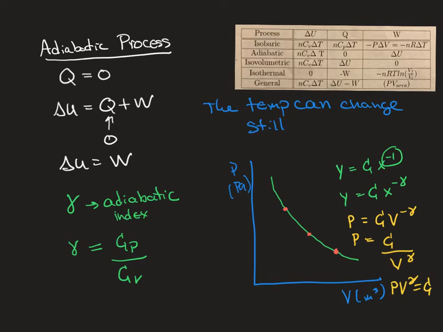And that allows me to set one state equal to another state. So I can say that pressure 1 times volume 1 raised to the adiabatic index, and only the volume is raised to the adiabatic index, is equal to pressure 2 times volume 2 raised to the adiabatic index.